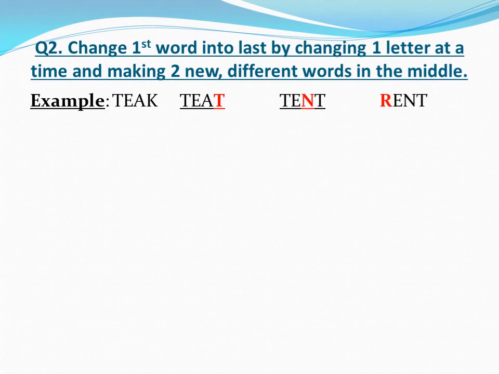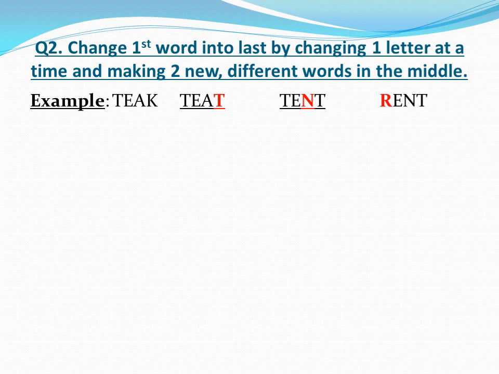Let's look at the next type of question. It says: change the first word into the last by changing one letter at a time and making two new different words in the middle. In the example given, you need to change the first word "teak" into the last word "rent" by changing one letter at a time.